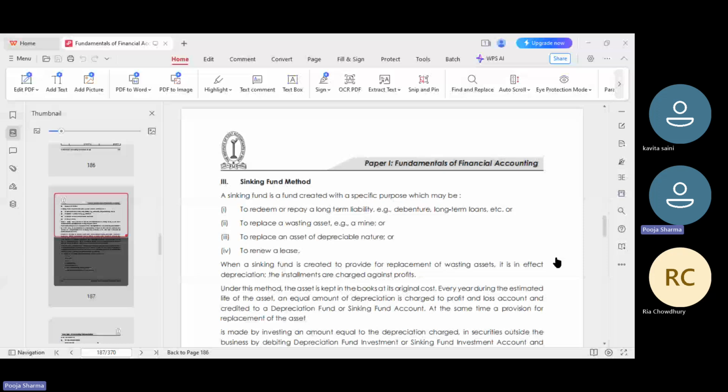Now, when the working life of the asset is over and we are supposed to replace it, there will be some variation in the entry. First, bank account debit to sinking fund investment, the amount by which we have sold the machine. Next, sinking fund investment to sinking fund account, if it is profit on sale. Otherwise, if it is a loss, the entry will be reversed, that is sinking fund account to sinking fund investment account.